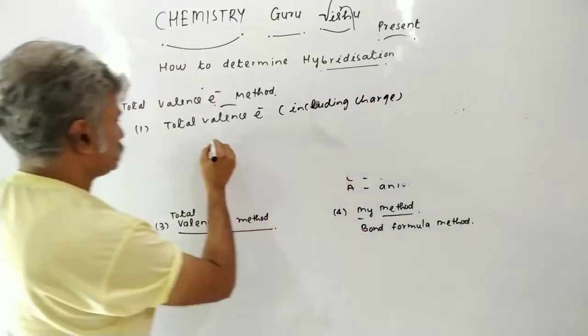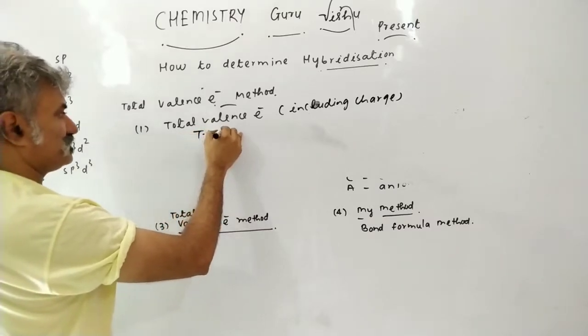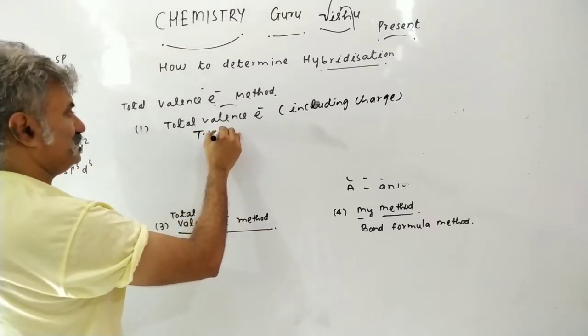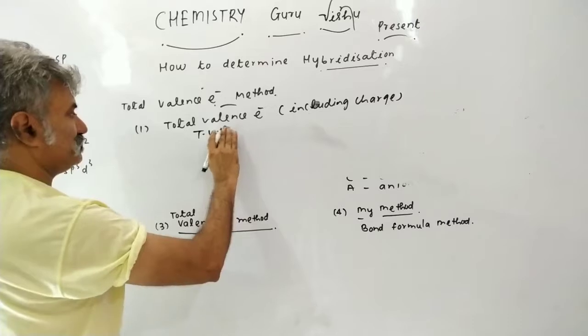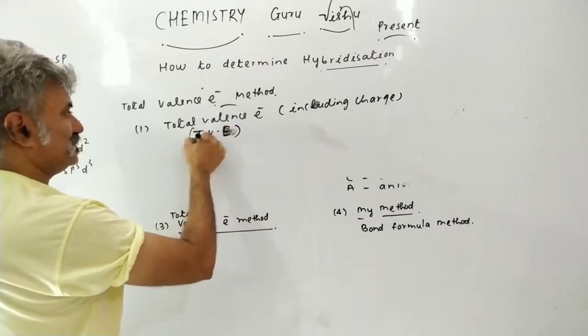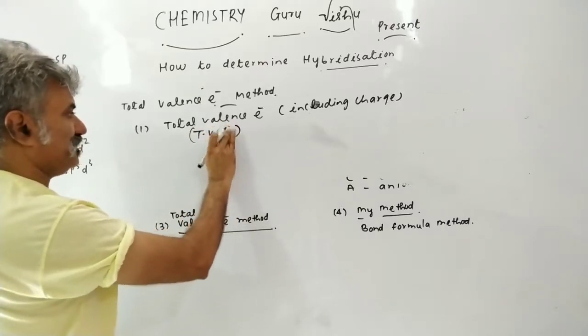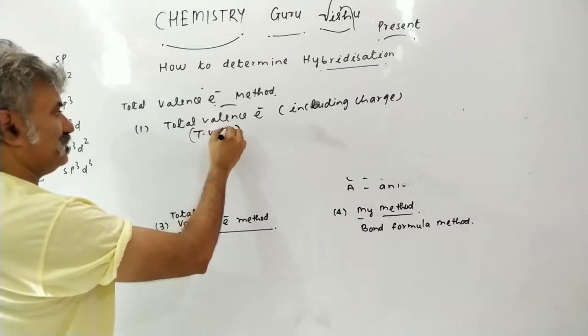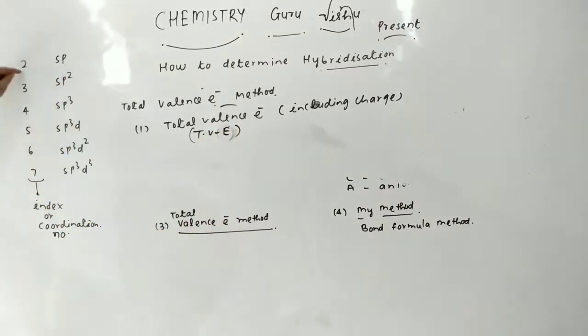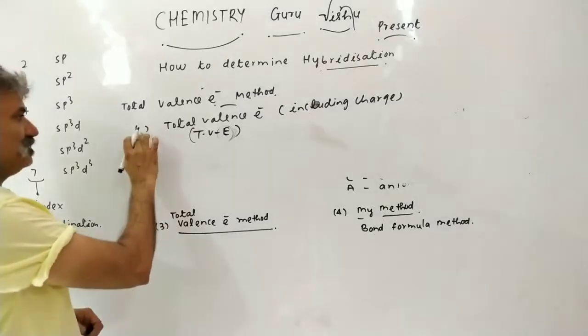So calculate this, and give it a symbol, total valence electrons, TVE. These numbers will be 2, 3, 4, 5, 6, 7 and so on.